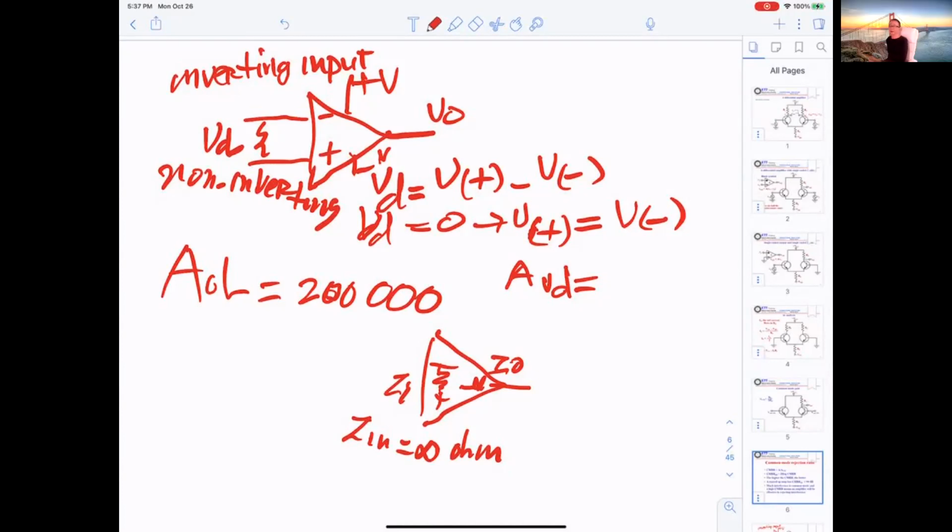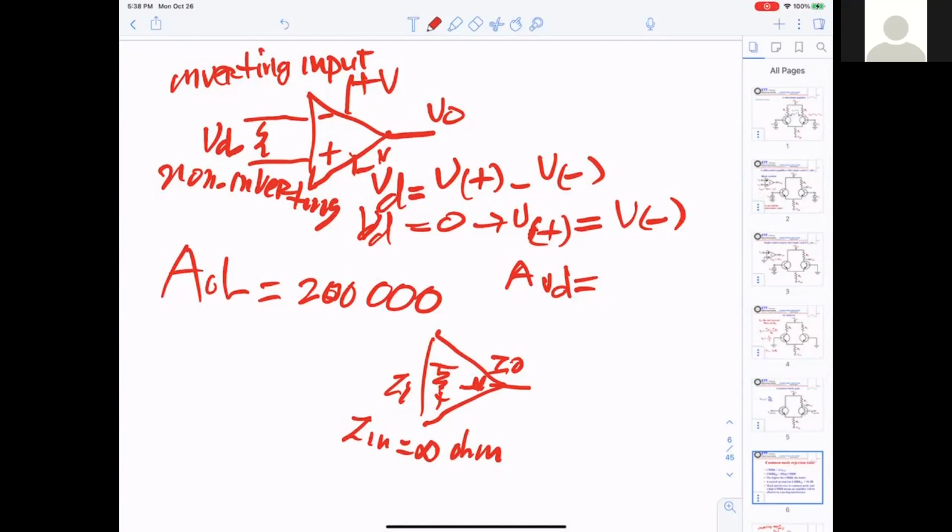Just tell me the formula. V plus minus V minus? No, that's the VD, not the AVD. A means the gain.